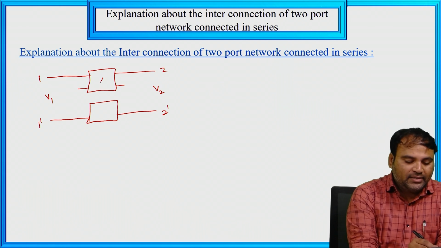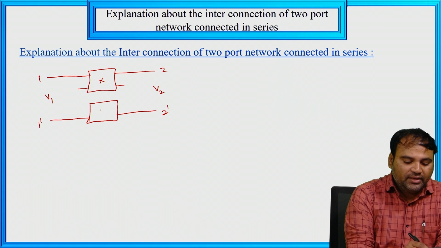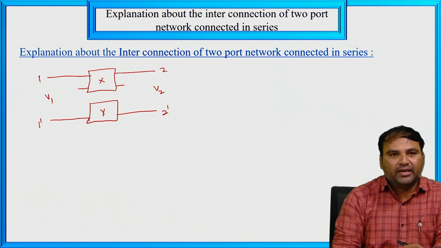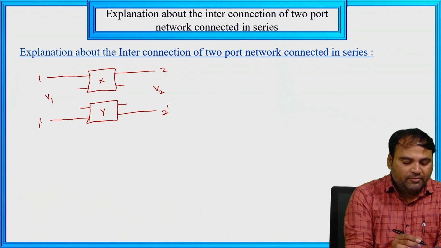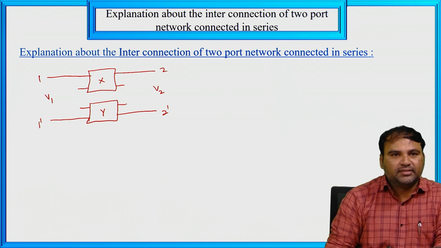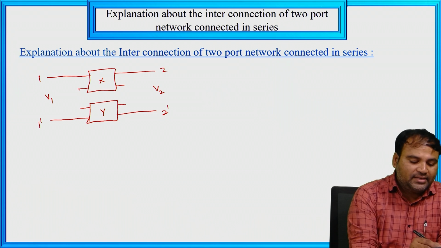I am representing this as the X network, and we also have the Y network. For the Y network we have the input terminal, the positive terminal on the primary side and on the secondary side. Now we have to connect these two points in series, and also connect these two points.